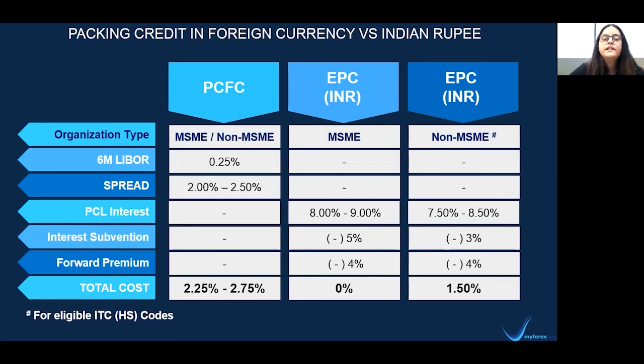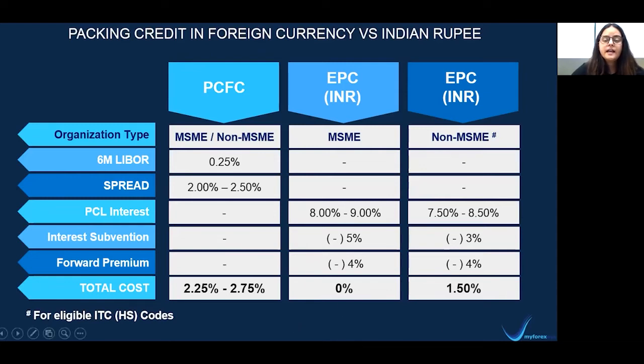If an exporter avails PCFC, he receives a 6 months LIBOR of around 0.25, on which he gets a spread of around 2 to 2.5%, which leads to a total cost of 2.25 to 2.75.